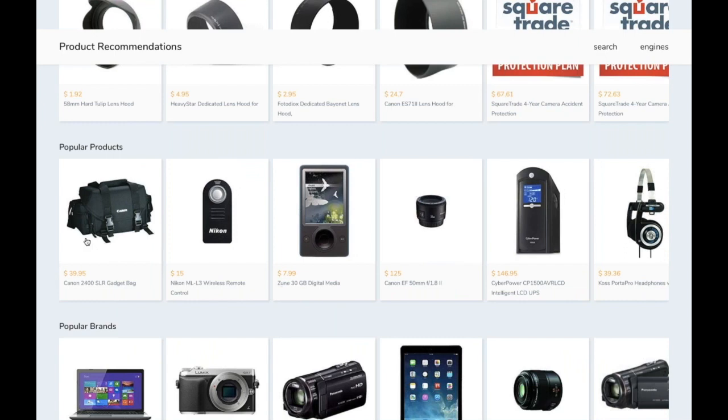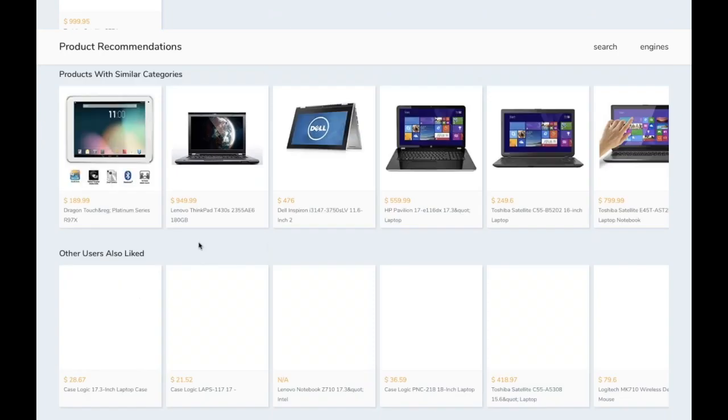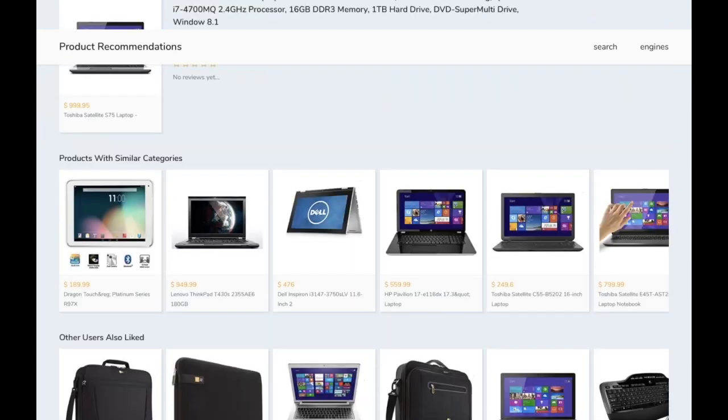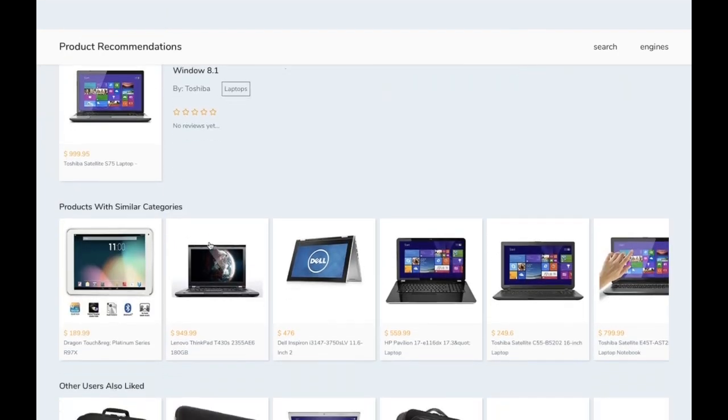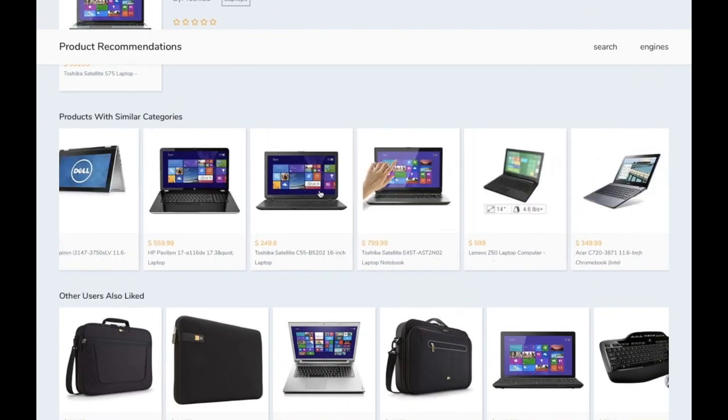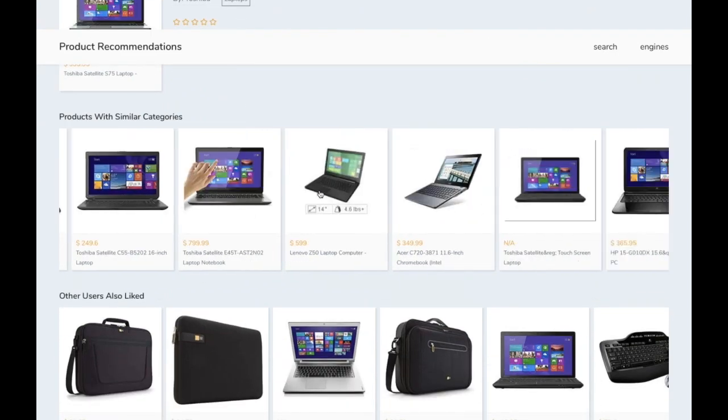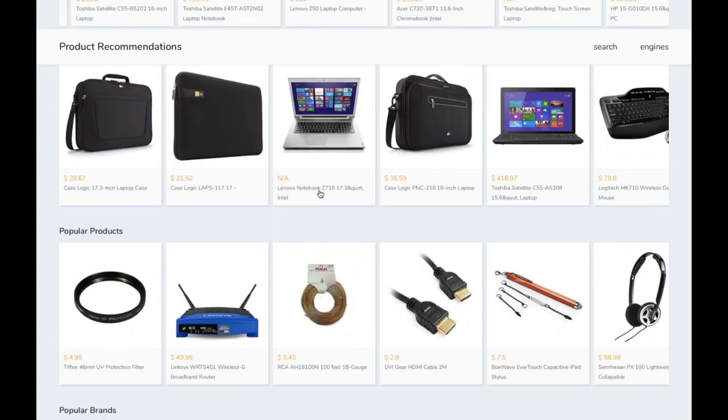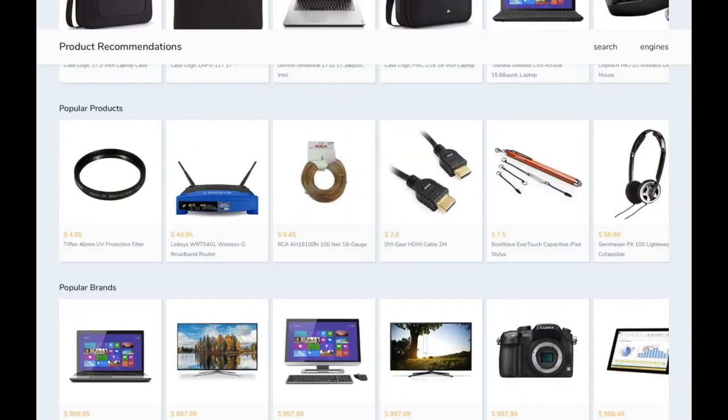So if we chose something different than the lens, we might get different recommendations, right? So products with similar categories, we don't see lenses anymore. Now we see computers, right? So it's all being done in real time based on the context in the graph. And if that was being updated in real time with purchases and page views, then our recommendations could change in real time based on what we're seeing in real time.